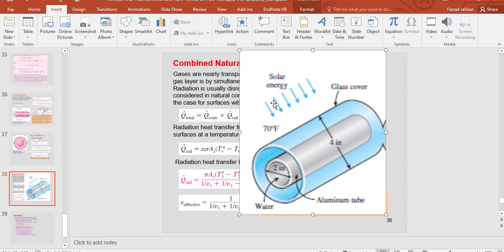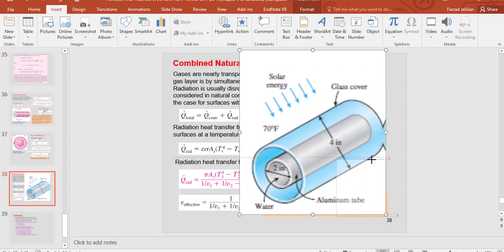And also, if there is a source of radiation energy, we will have radiation heat transfer as well, because the radiation energy will reach the inner cylinder, increase its temperature, and finally we will have heat transfer by radiation.